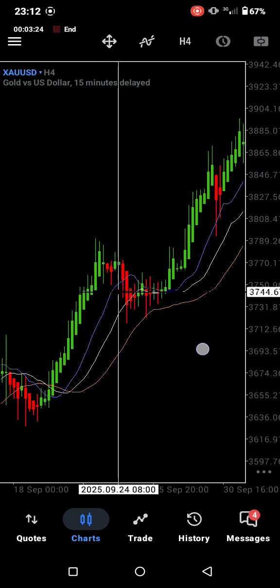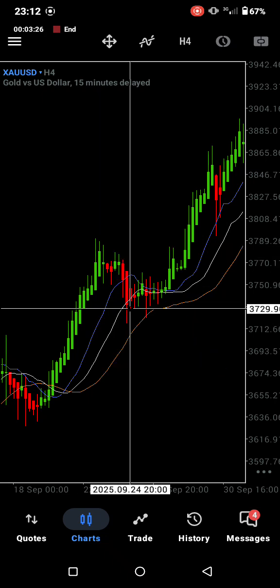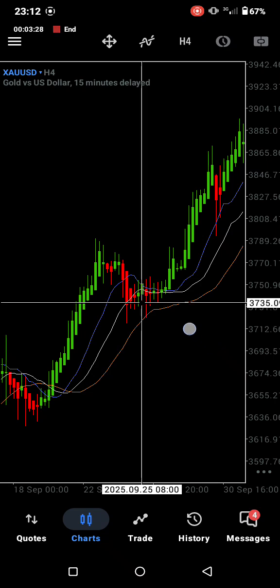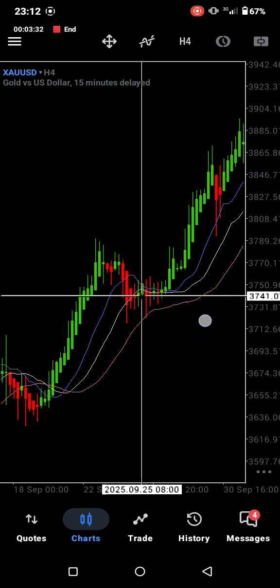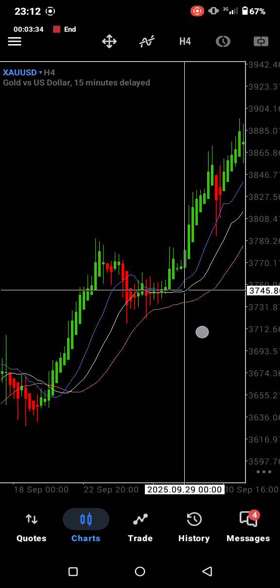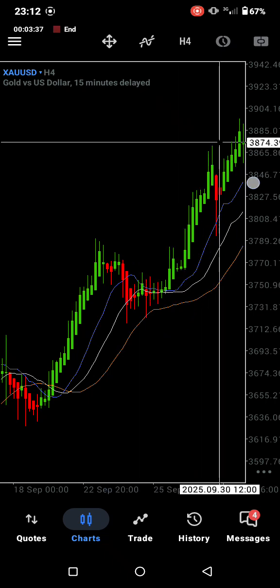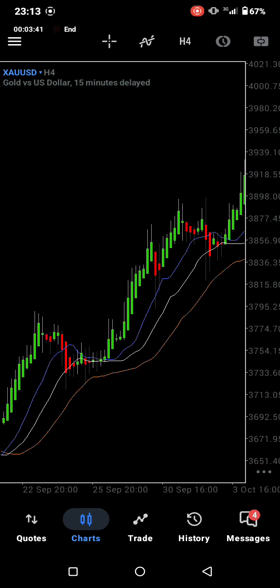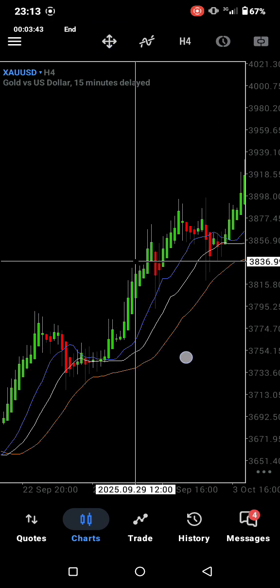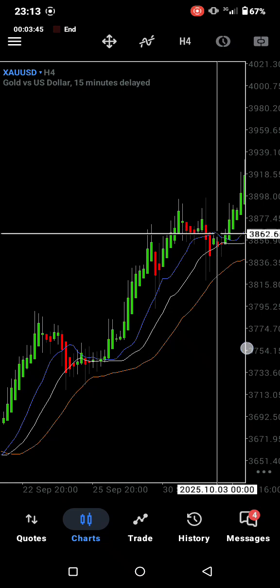So we knew this was probably just a pullback. There was no actual trend at this moment in time for us to enter on a sell, right? This was probably a dip, and that was later confirmed when price continued going back up. So we see that the alligator really did save us from entering a false trade there, as well as at these points here.